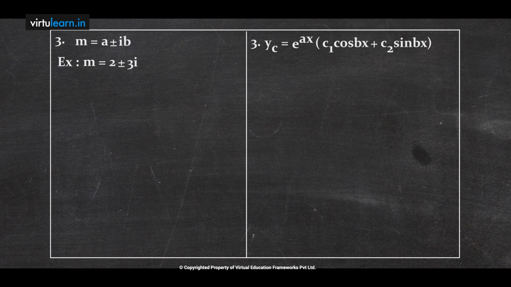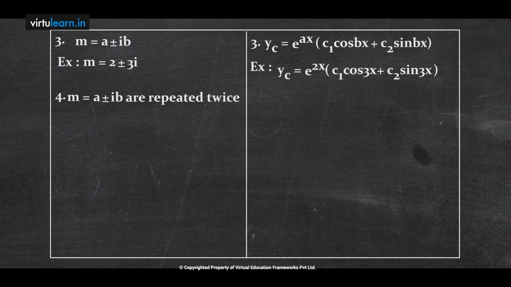For this example, the answer is yc equals e power 2x, which is the real part, into c1 cos 3x plus c2 sin 3x. This is the formula for this problem. Now the fourth one: sometimes we get complex roots but repeated. Suppose it is repeating twice, m equal to a plus or minus ib, and once again a plus or minus ib.